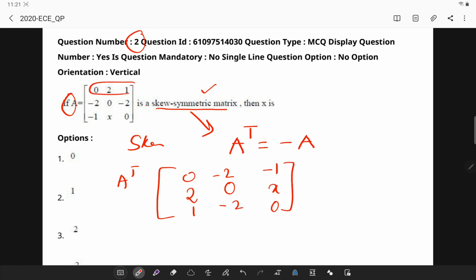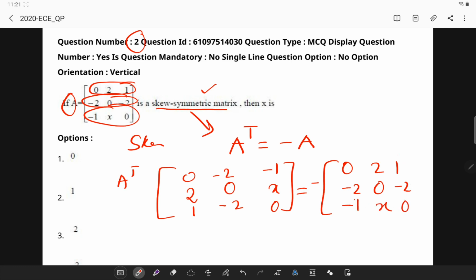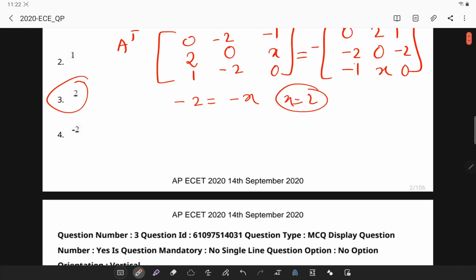I am converting all the rows into columns, which is equal to minus of A, 0 2 1 minus 2 0 minus 2 minus 1 x 0. So I can simply write minus 2 is equal to minus x, or x is equal to 2. So the answer is the third option.